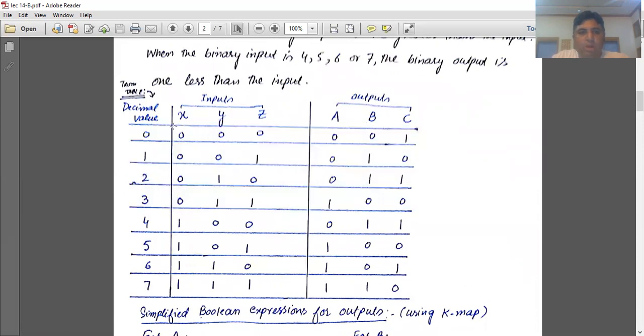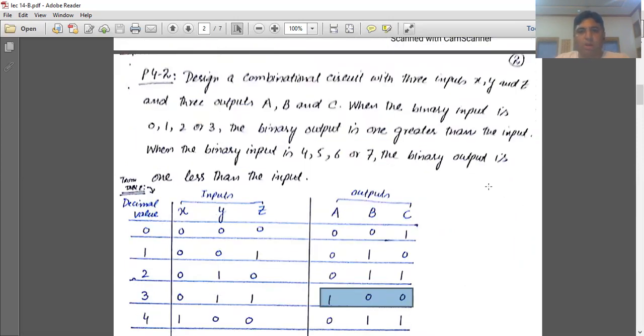So when the input is 0, output is 1 greater, 1. When the input is 1, output is 1 greater, which is 2. When input is 2, output is 1 greater, which is 3. And when input is 3, output is 1 greater, which is 4. And when the binary input is 4, 5, 6, 7, the binary output is 1 less than the input.